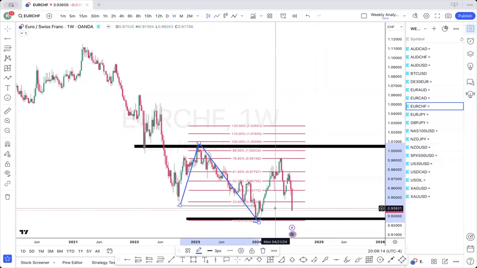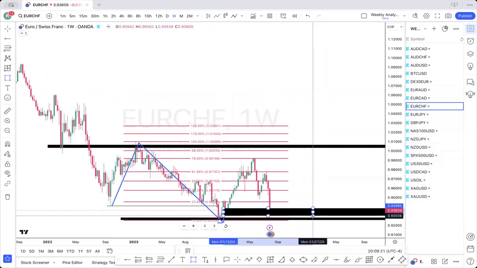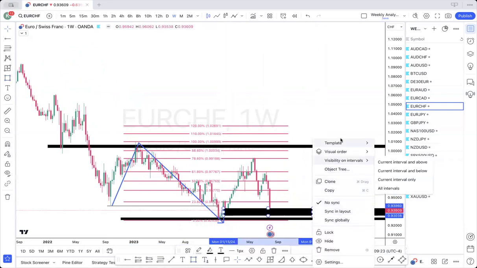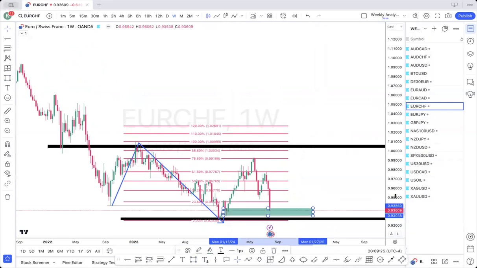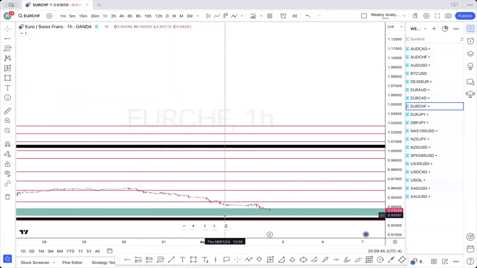Okay. So for the week, price is in this demand zone. So if price doesn't break this low, you will be looking for price to not break this low and then start giving you a change of character, possibly on the 1 hour time frame.